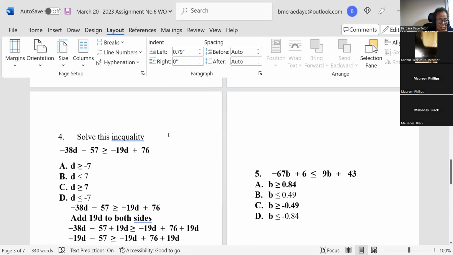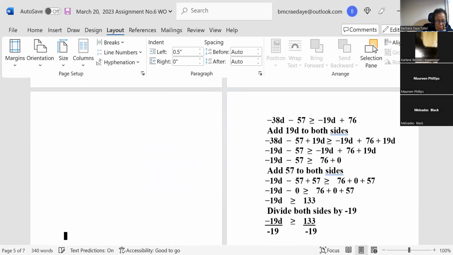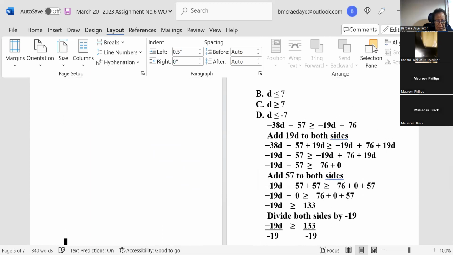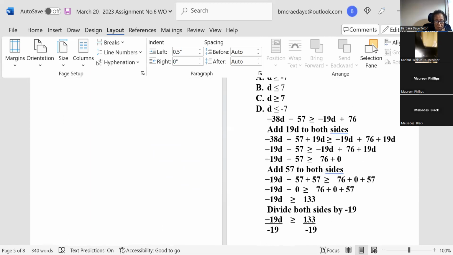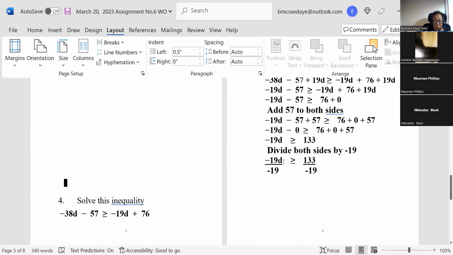So let me just move all of this over. So that means this would be just D, right? 1D. So let's just copy D and greater than or equal. Let's just copy the inequality symbol.